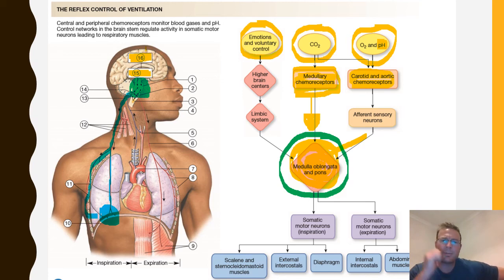So all the things combined, that initial feed forward mechanism when we get scared or a bit excited, the state of carbon dioxide in our body, the oxygenation of our blood, the level of acidity in our blood, is all monitored by that medulla oblongata, that section of the brain known as our respiratory center, and that responds by sending nervous impulses to the muscles, the diaphragm and the intercostals, that allow us to draw breath in.